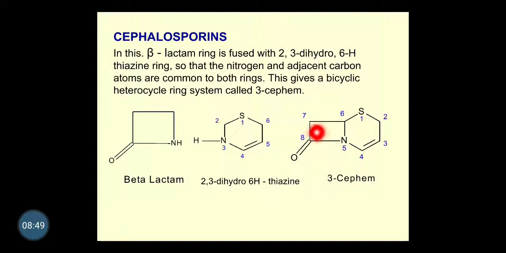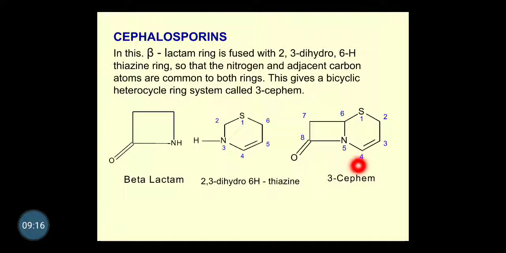As far as the numbering is concerned, there is a special characteristic in the heterocyclic ring: the presence of a double bond between 3 and 4, which is required for activity. That is why it becomes 3-cephem. When we saw it earlier, we saw cepham, not cephem, but in this case it is cephem, because of the presence of the double bond.